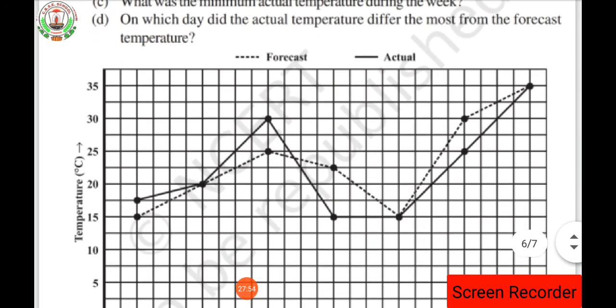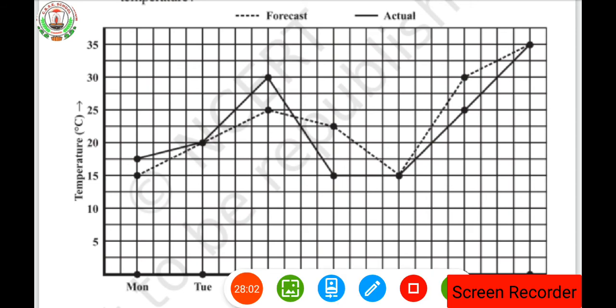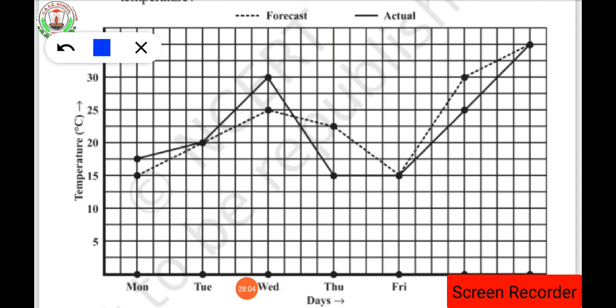So students, here the temperatures are being given, isn't it? A simple graph is given, it's a line graph. The temperature is marked in the vertical y-axis, and the days are marked in the horizontal x-axis.